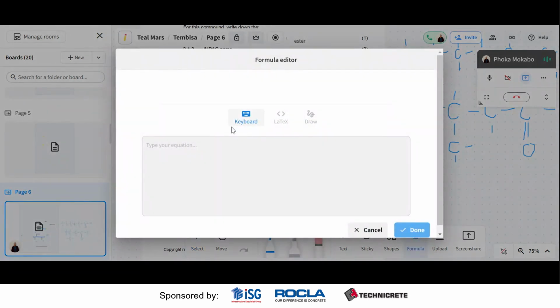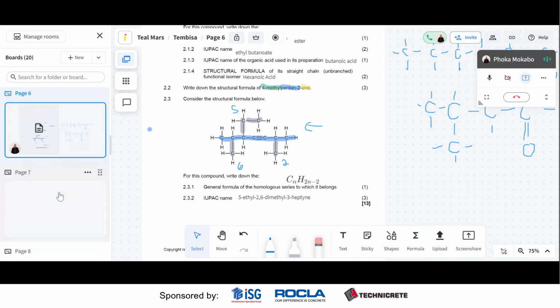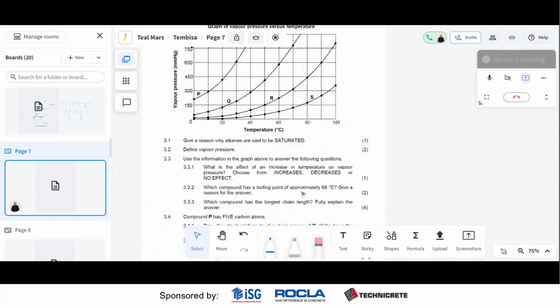So in actual fact, what we're looking at is C N H 2N minus 2 would be the general formula for an alkyne. There we are. Okay. And now we are officially done with question 2, it seems.